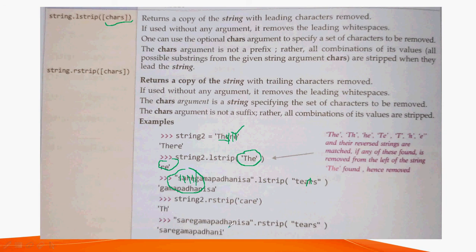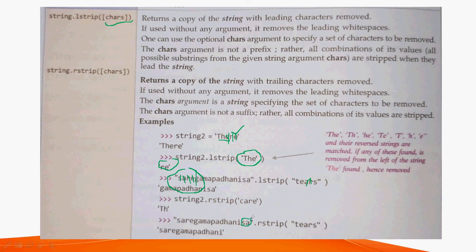Now sa re ga ma pa dha ni sa, R strip of TEARS. What will be taken out? From the right hand side it will look for the characters and one by one it will remove them. So sa re ga ma pa dha ni, and SA is only there.